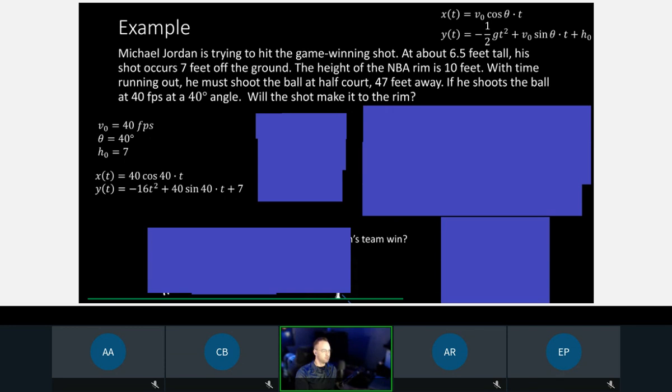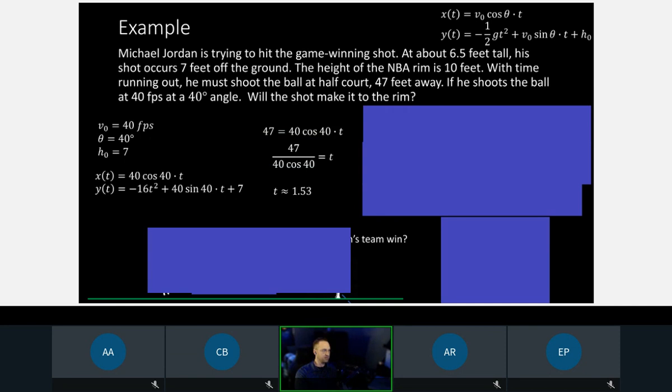You might have entered something wrong by mistake. It is 1.53. So there's the math. The 47 feet distance takes 1.53 seconds. Now let's see if it gets to the rim.